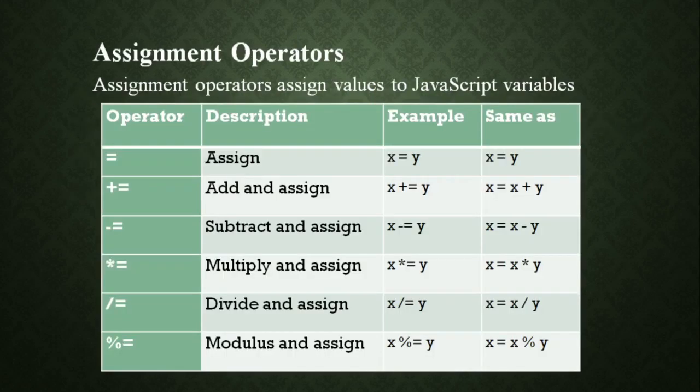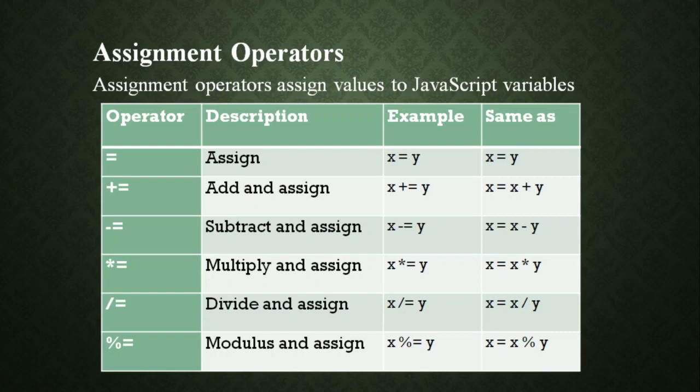Next type of operator is assignment operator. For assigning values to the JavaScript variables, we use the assignment operator. How we assign these values? By using an equal to operator, we can assign these values with the symbol equals. We can also represent a shorthand notation.